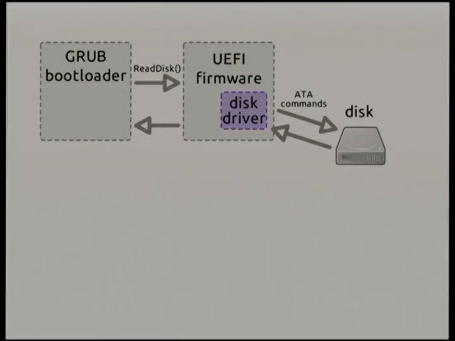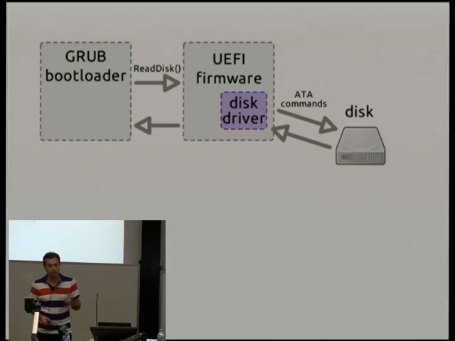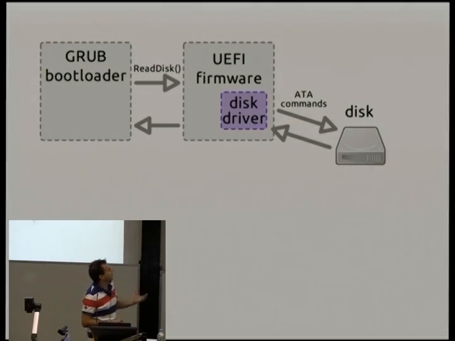In this case, our bootloader has requested a read from the firmware. Firmware has a little disk driver which performs the right commands to talk to the disk. To read a sector off the disk, data is returned to the disk driver, and then the firmware returns that to the bootloader. So we're using some of the functionality that firmware gives us in our bootloader process.